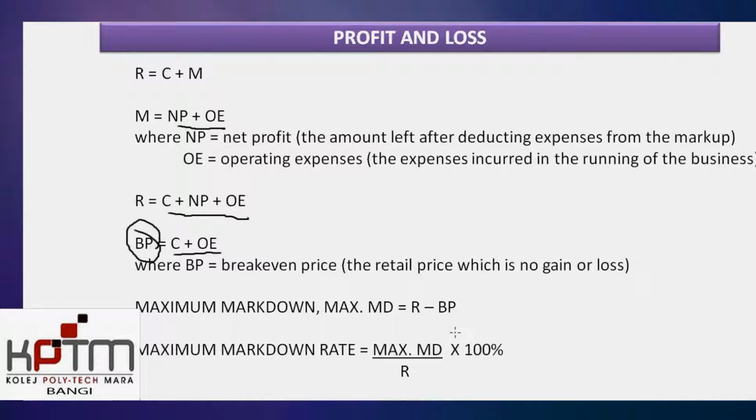Other than that, we also have the formula for maximum markdown, which is max MD equal to R minus BP, and maximum markdown rate, maximum markdown divided by R multiplied by 100%.